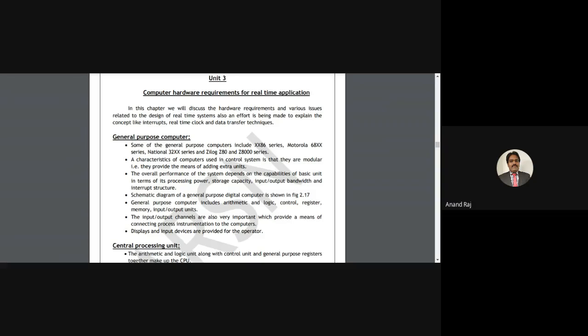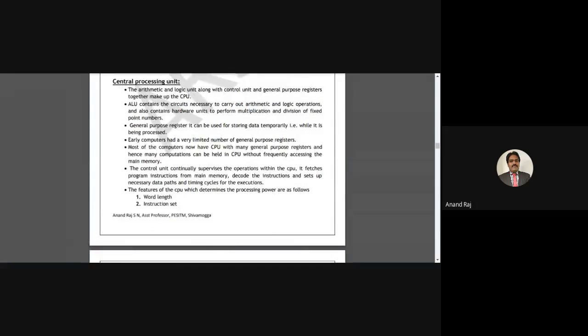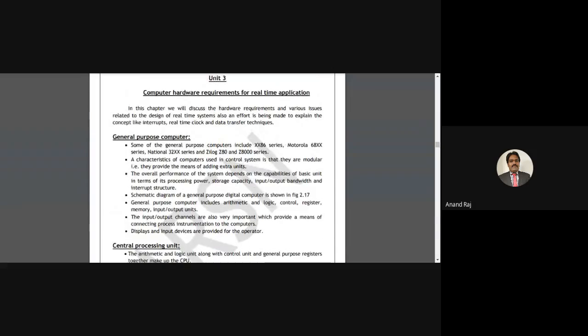The schematic diagram of a general purpose digital computer is as shown in the figure. Any general purpose computer will have the normal CPU, the central processing unit, then the general purpose registers, then the memory.